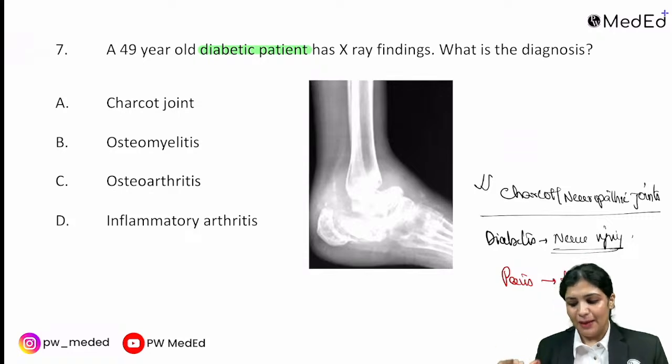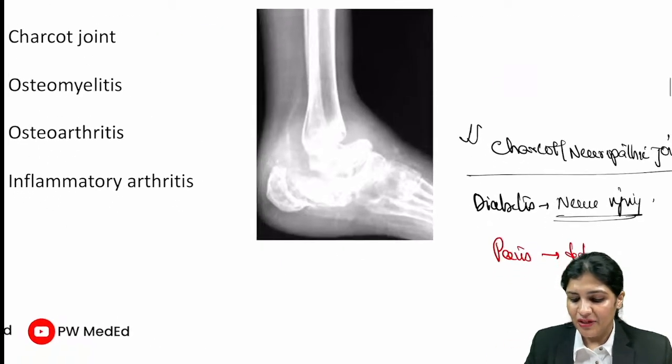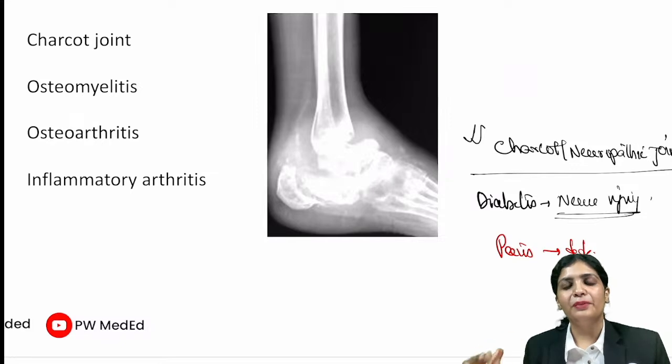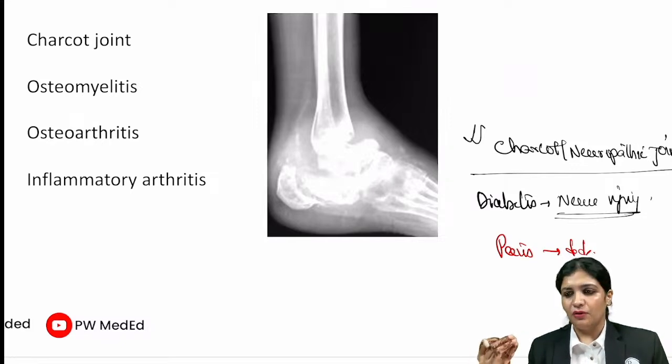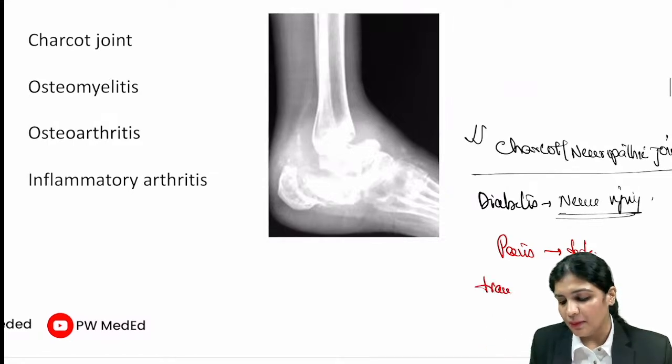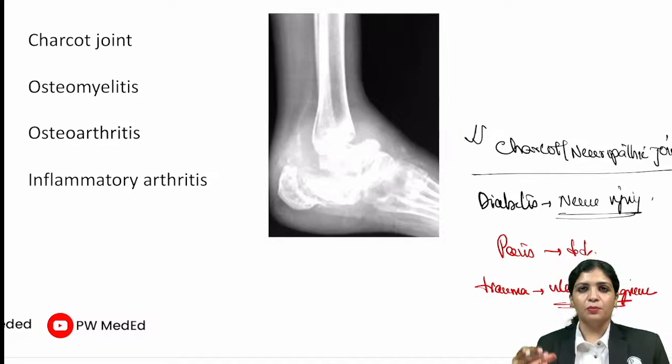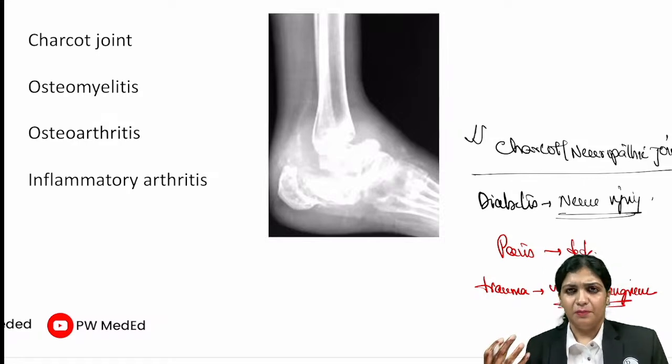Whenever there is absence of this pain sensation, the patient may land up with a lot of minimal trauma, minute trauma, which the patient will not appreciate, and this might result in formation of ulcers and ultimately gangrene. And the bones can completely get osteoporotic.